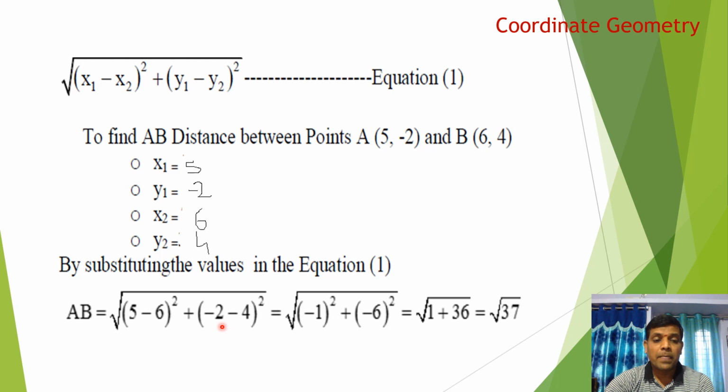Now next step, this is written as square root of (-1) square plus (-6) square. Now (-1) square means -1 into -1, which is 1, plus (-6) square means -6 into -6, which is 36. This is written as square root of 1 plus 36. We get square root of 37.